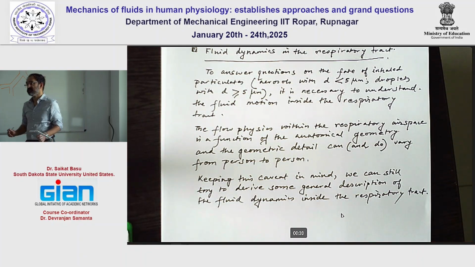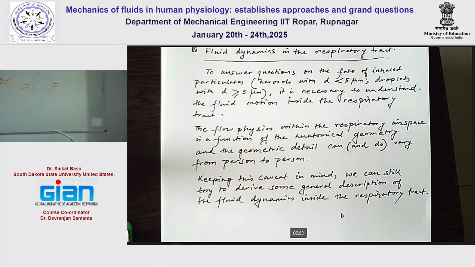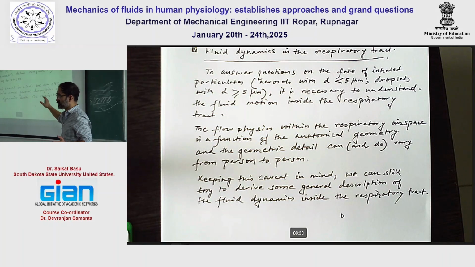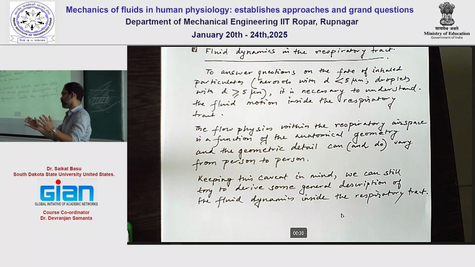How do you think we can achieve that? We cannot idealize the geometry, as we saw. What we can still do is use Navier-Stokes, try to non-dimensionalize it, and figure out what could be the dominant terms, right?